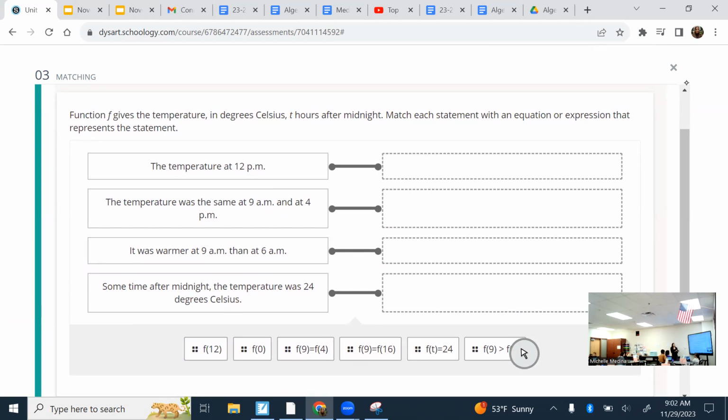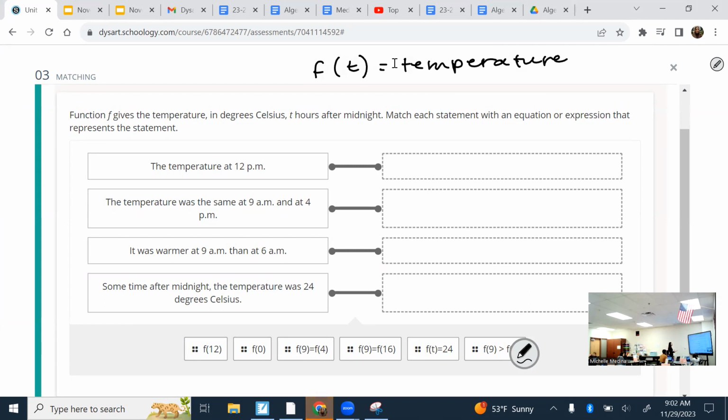So the temperature at 12 p.m. Is 12 p.m. a temperature or a time frame? So it should be in the parentheses, because we're talking about time going in the parentheses and then temperature. I'll just spell out temperature since it's the same letter. But that's how your function notation should be.